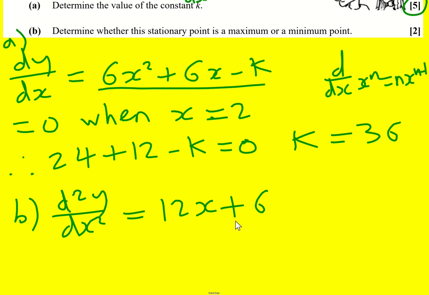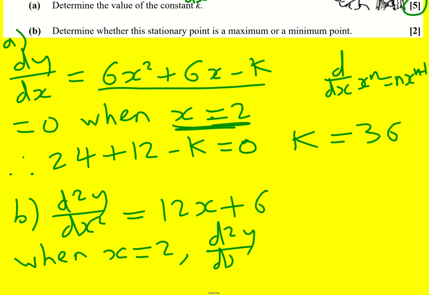And then we're going to substitute in our stationary point, when x equals 2, d2y by dx squared equals, this is going to be 24 plus 6, 30. This is greater than 0, so it's a minimum.